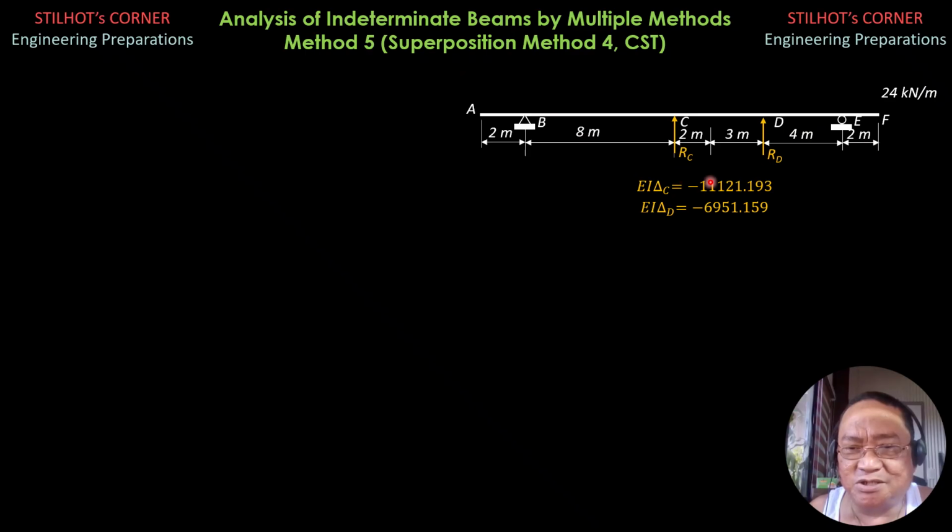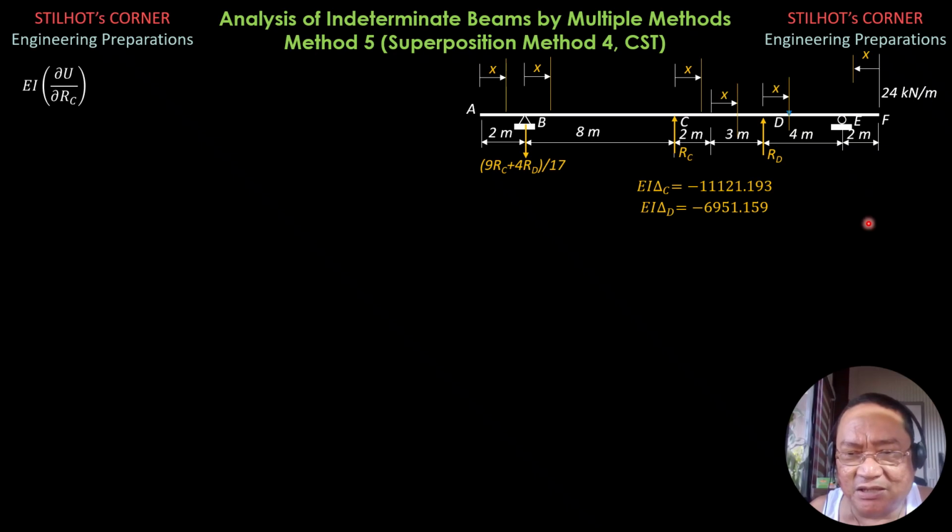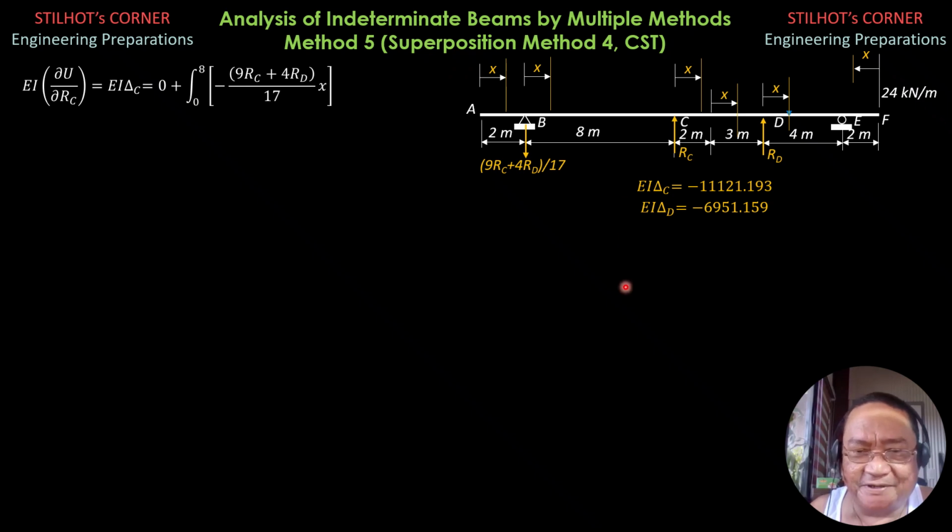Moment about E, so 9RC plus 4RD divided by 17 as shown. Then at E also, which is not important, just show that it is going down and it is 8RC plus 13RD over 17.